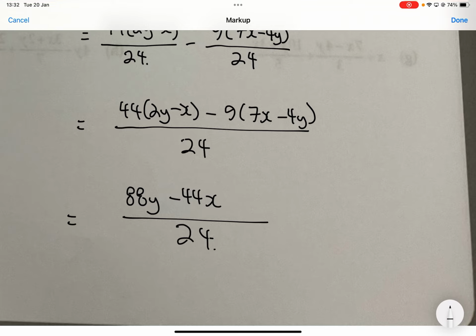I must minus everything inside the bracket. So negative 9, positive 7x. Negative, positive, negative. Second term. Negative 9, negative 4y. Negative times negative, positive. 9 times 4y, 36y.